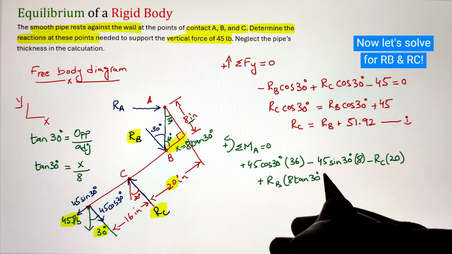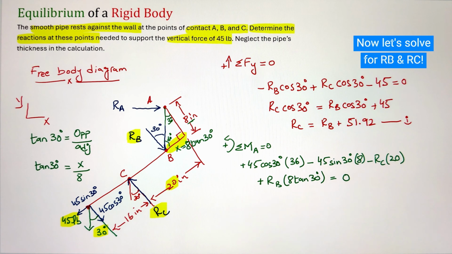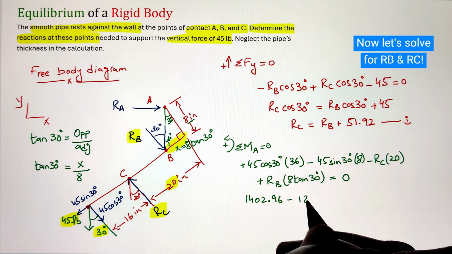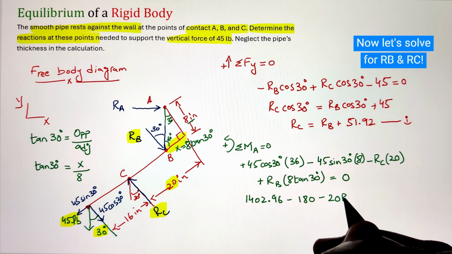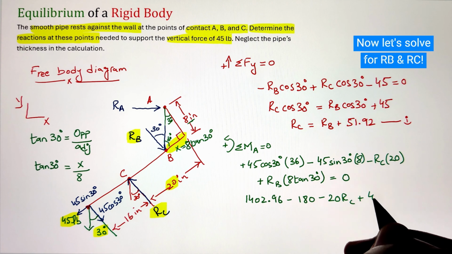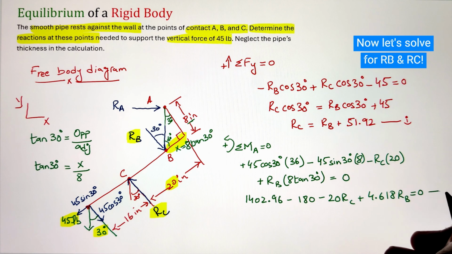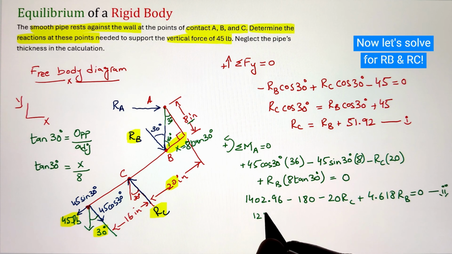Now, the sum of all the moments will equal 0 to satisfy the equilibrium condition. Simplifying, we get our expression 2 here. If you look at expression 1 and expression 2, we have two unknowns, Rb and Rc, and two linear expressions.